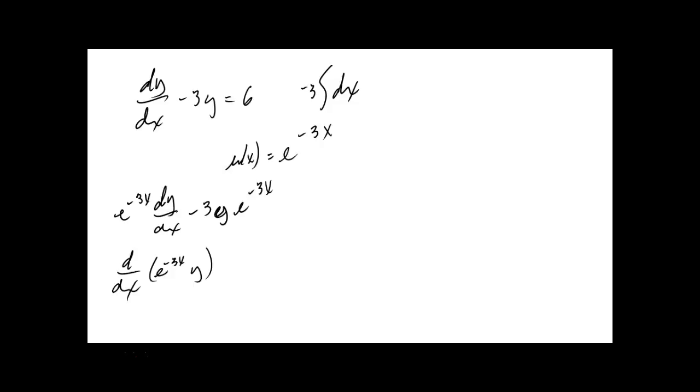The one other thing we didn't do is when we multiply both sides, before it was a 0 there, now it's a 6. The 6 also has an e to the minus 3x by it. That's the difference in this problem. So here's what we've got on the left-hand side, and this is equal to 6e to the minus 3x.